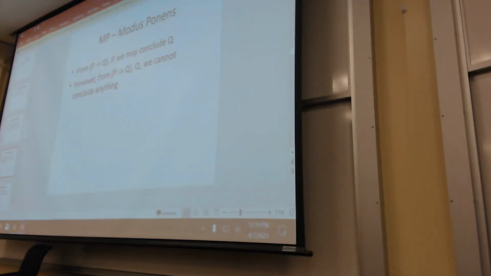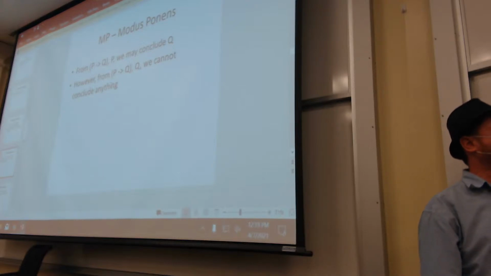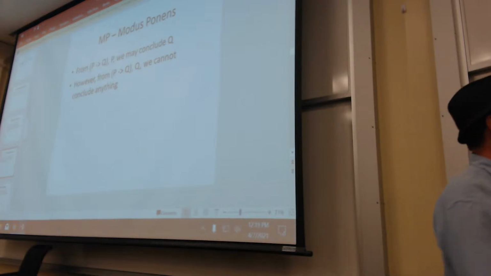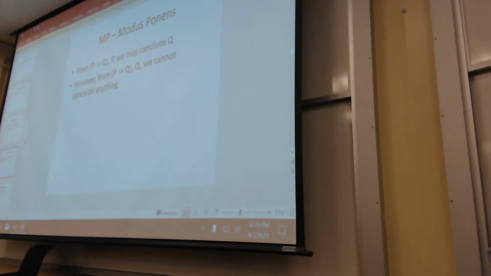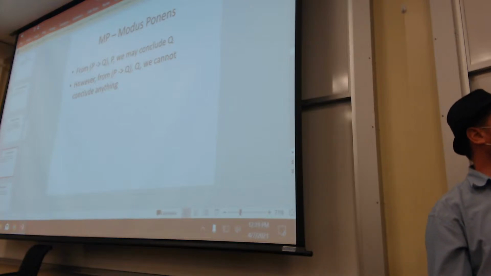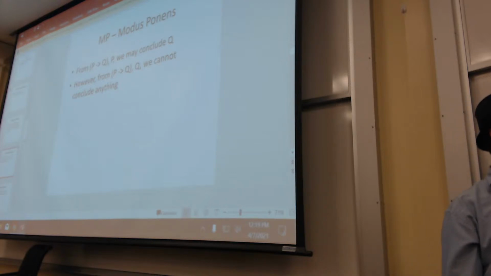And it works with negations inside the parentheses. If the statement says, if I have a not A, then you can get a B, and I have a not A, then you can get a B. So again, if I can match the left side of what's on an arrow, I can get the match of the right side of the arrow.